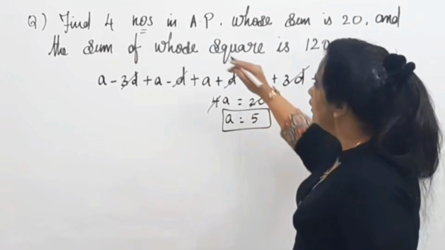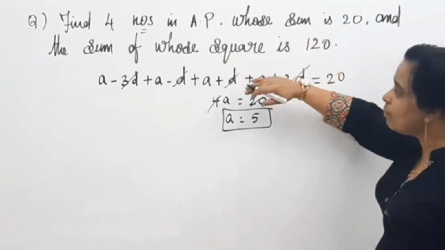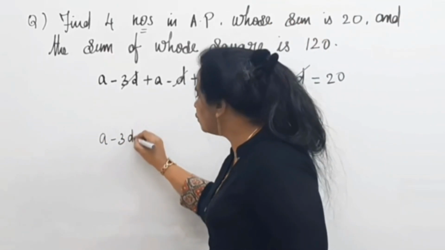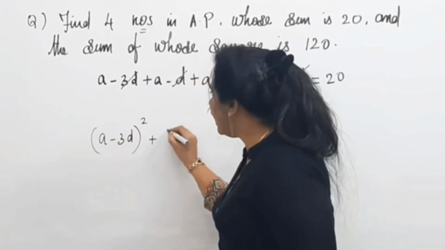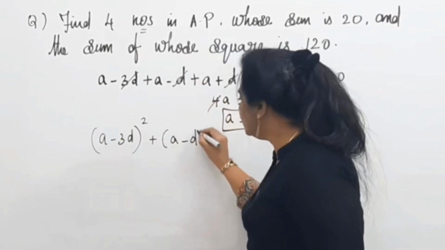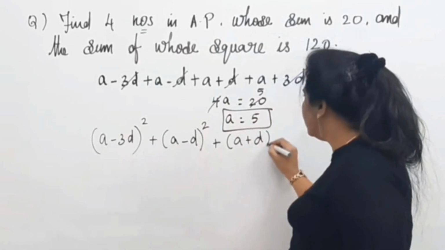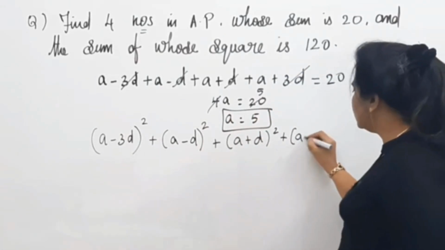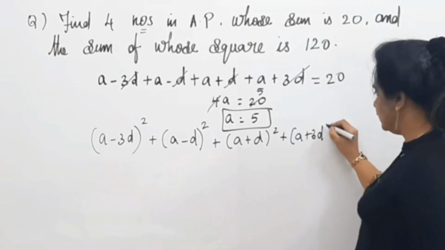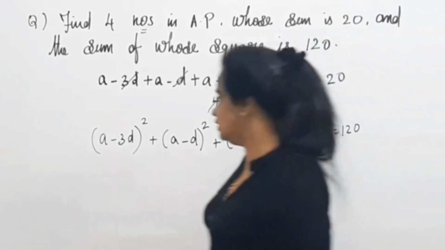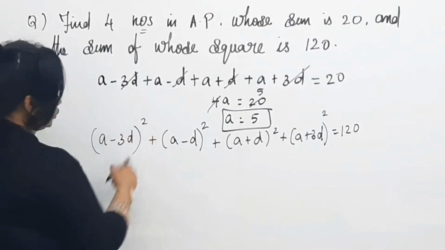Now another condition is the sum of whose squares is 120. So first we write the squares and then we will add them, that is a minus 3d the whole square plus a minus d the whole square plus a plus d the whole square plus a plus 3d the whole square is equal to 120. Now I'm going to simplify this using the a minus b the whole square form.